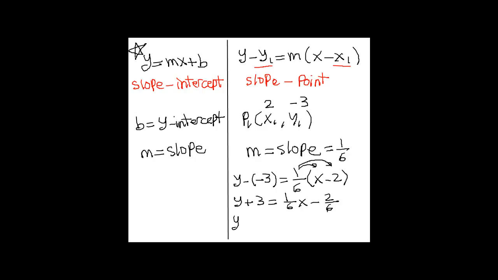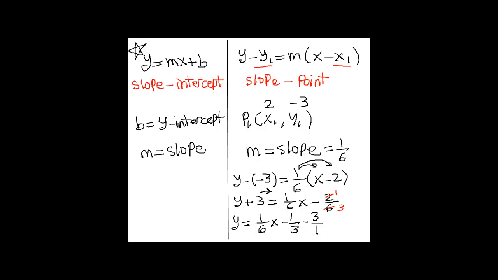So you would get y is equal to 1/6x minus 1/3, and then I subtract 3 from both sides of the equation, minus 3/1.